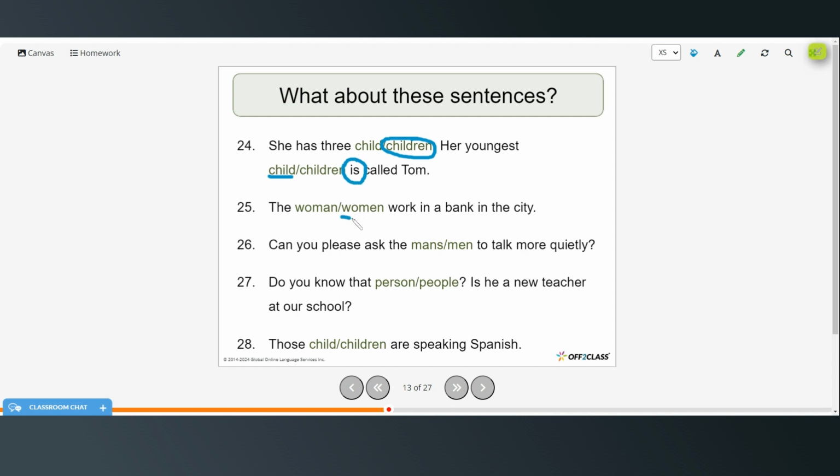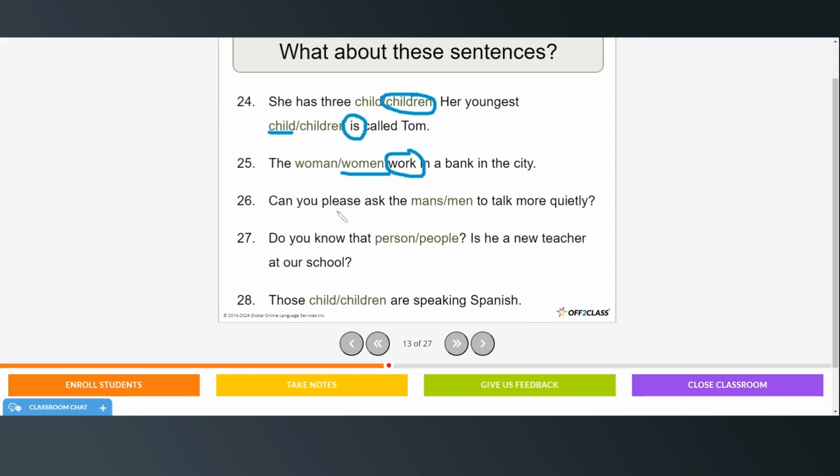The women work in a bank in the city. This one again, the verb lets us know that we need the plural form, because if it was one woman, it would have to be works with an S. The woman works in a bank, but because it's work, it's women.